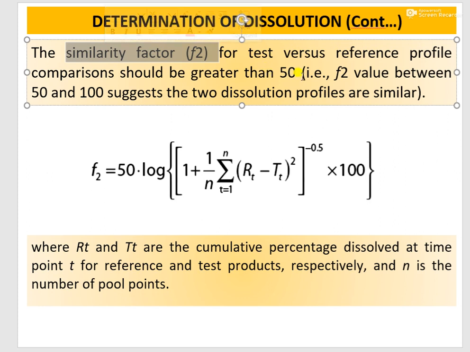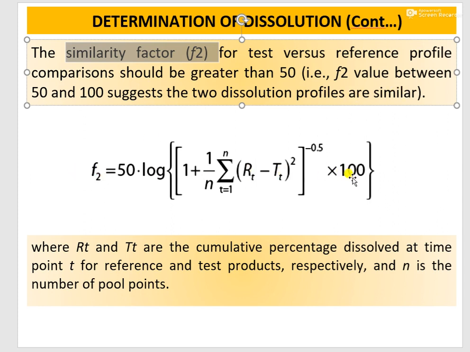Means you can say that test product and reference product are similar with respect to dissolution profile only when your F2 factor is greater than 50. So F2 value between 50 and 100 suggests the two dissolution profiles are similar.